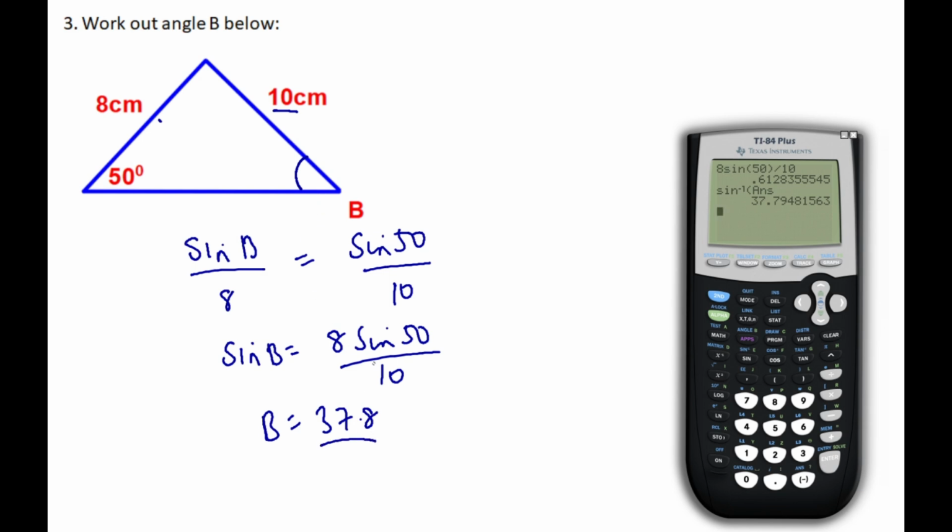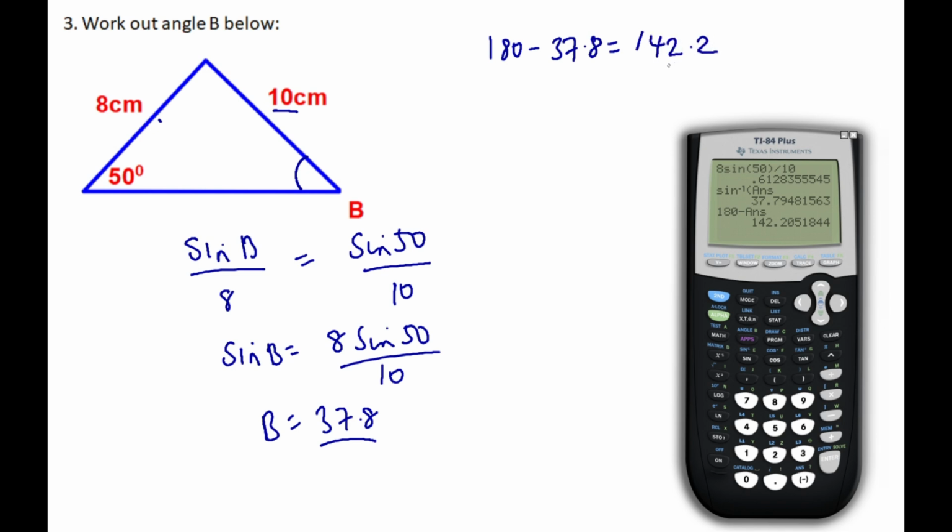Now we realised there's only one answer, but what if we didn't realise that? Well, let's see what would happen. Now what you would do is you'd say to yourself, oh, the other answer must be 180 minus 37.8. So let's do that. 180 minus that. So we might think that there's another angle of 142.2.